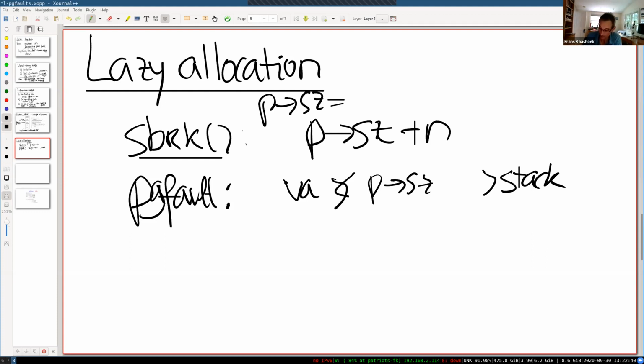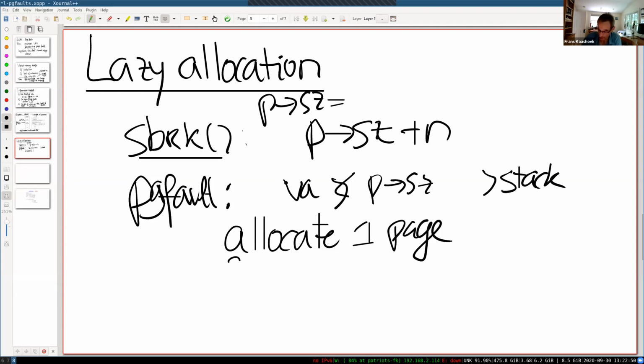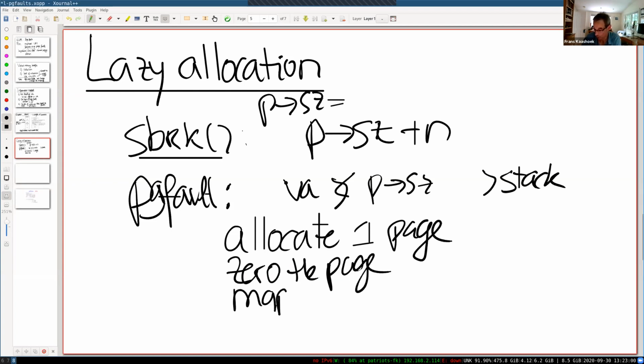And so the response to this page fault could be reasonably straightforward. In the page fault handler itself, we can allocate a page using kalloc, allocate one page, zero the page, map the page into the page table, so updating the page tables, and then basically restart the instruction.